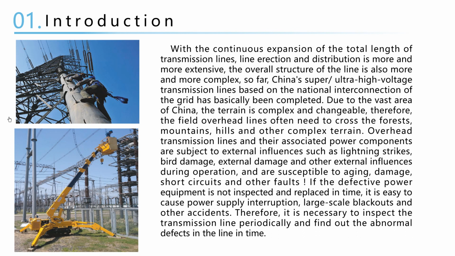If the defective power equipment is not inspected and replaced in time, it is easy to cause power supply interruption, large-scale blackouts, and other accidents. Therefore, it is necessary to inspect the transmission line periodically and find out the abnormal defects in the line in time.